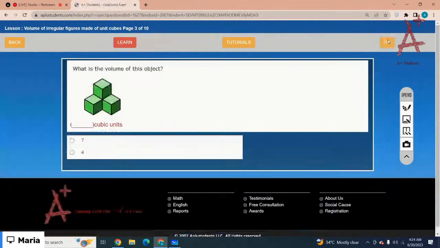What is the volume of the object? Yes, it is 4. The correct option is 4.